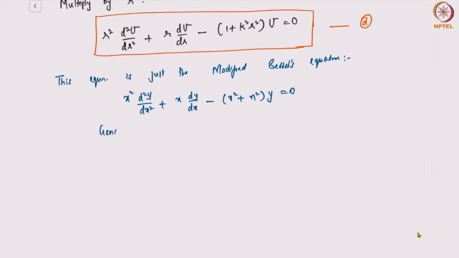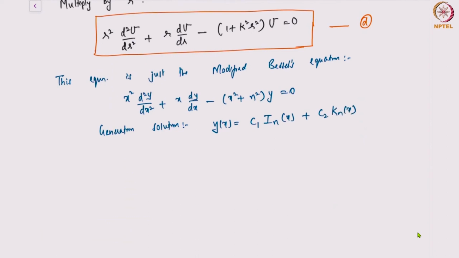The general solution of this equation is y(x) = c1 In(x) + c2 Kn(x).